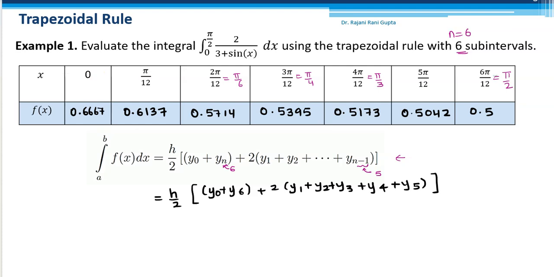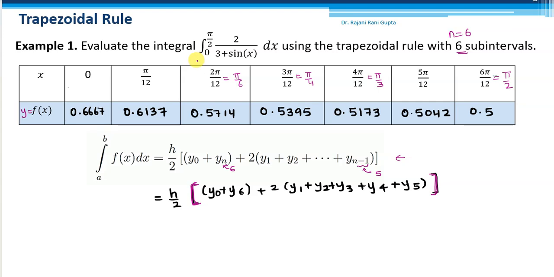What is important to note here is this bracket. This bracket means that the value h by 2 is multiplied after solving all these terms. Okay. So now, what are these y0, y1, y2 and so on up to y6? So your function is nothing but y. We are denoting it by y.